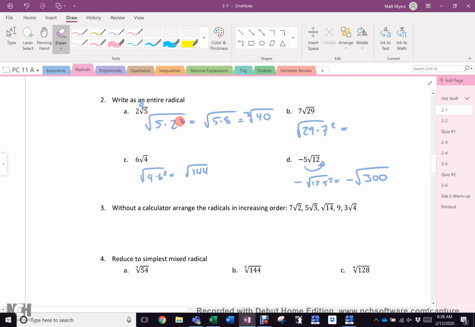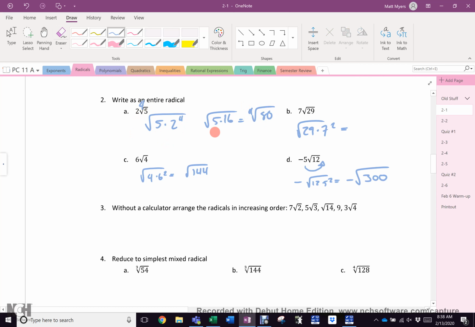What would it be? What would be here? 4. So it would be 5 times 16, which would be the 4th root of 80. Does everybody understand? Whatever the index is, that's the exponent of the coefficient that goes in there.